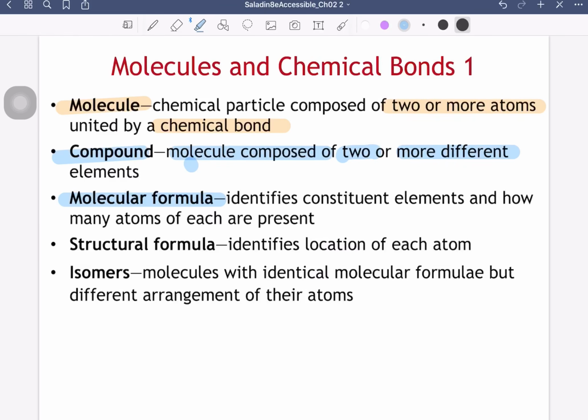Often we talk about structural formulas, and a structural formula shows you the actual location. It gives you a graphic, visual representation of the relationships of one atom to the next. And the term isomers. Isomers are molecules with identical molecular formulae.